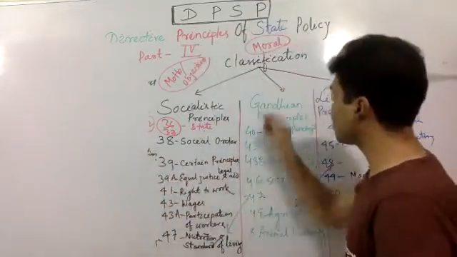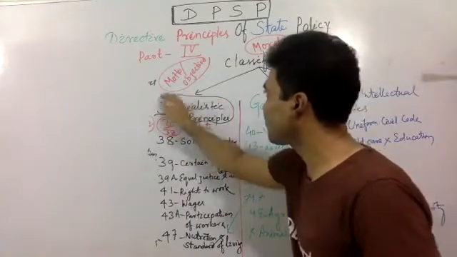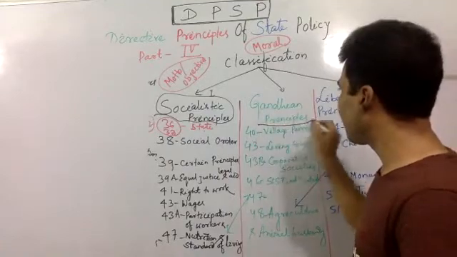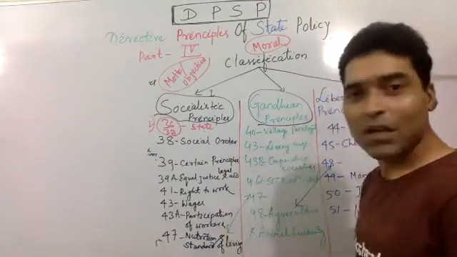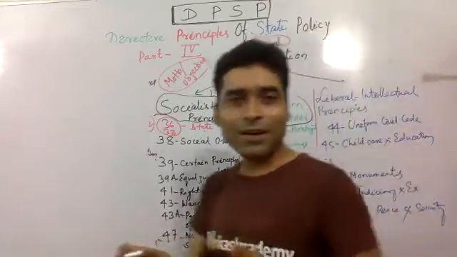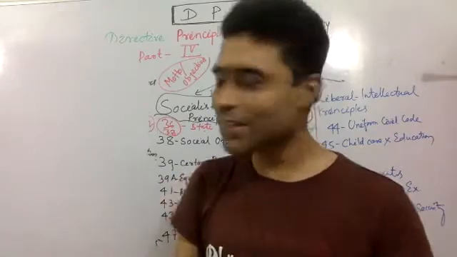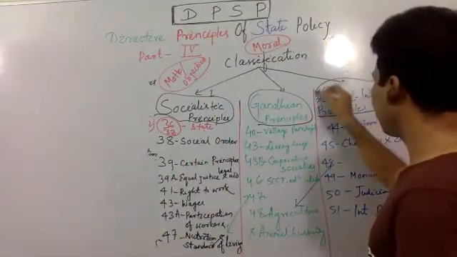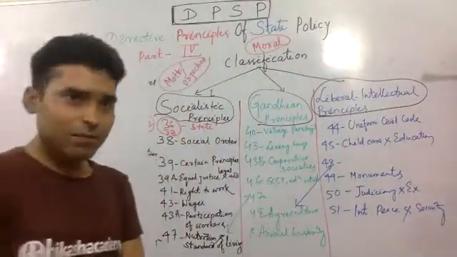Here is the classification. First, Socialistic Principles. Then we have Gandhian Principles. What are those values given by Gandhi? The constitutional framers also gave their respect in this form. And the last one is Liberal Intellectual Principles. Let's understand each of them.